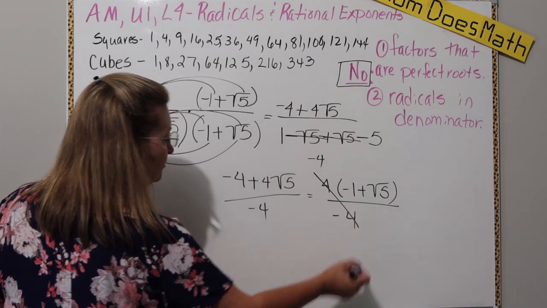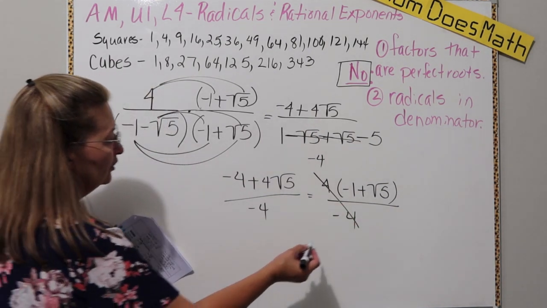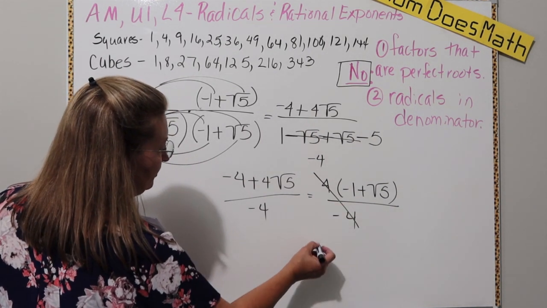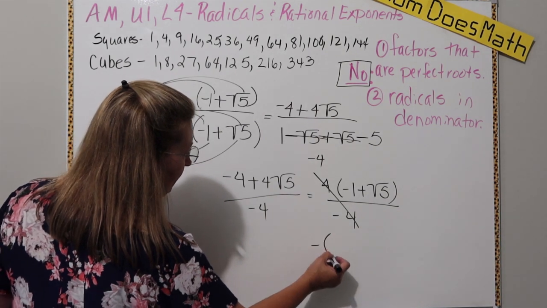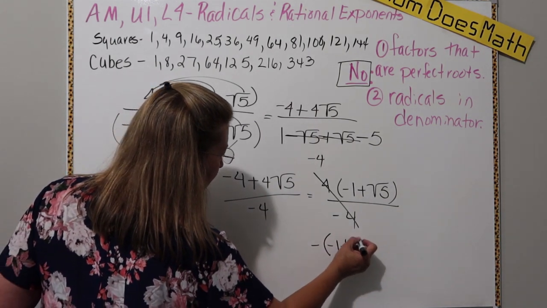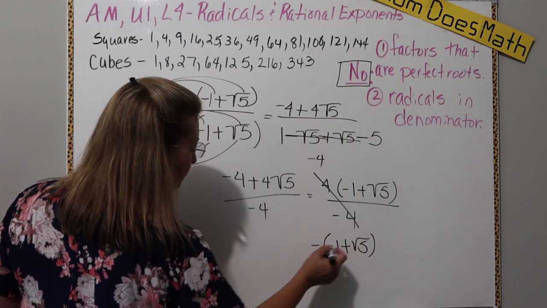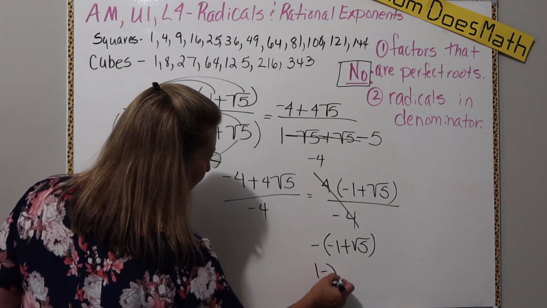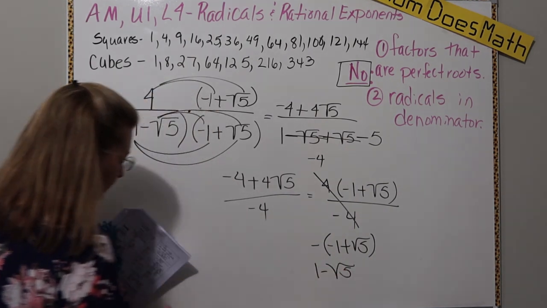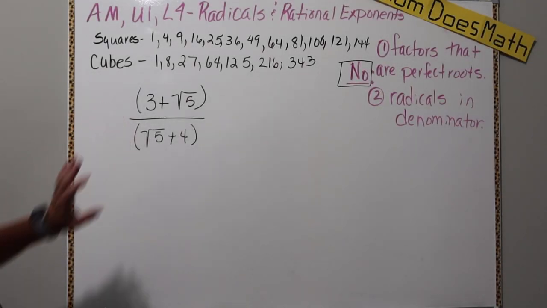So these two things cancel out and you still have -1. So that's going to be negative of -1 plus square root of 5. This will distribute in there and you get 1 minus square root of 5.